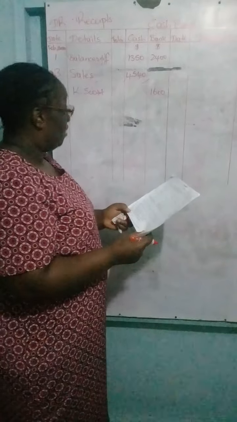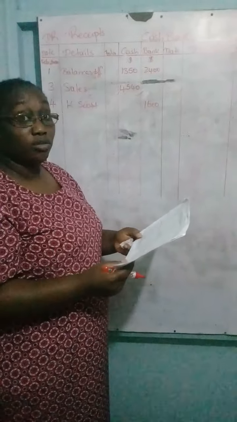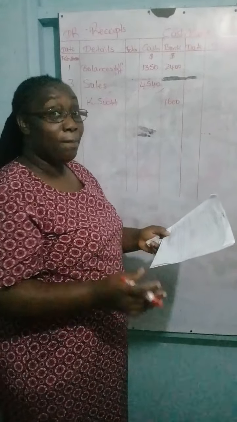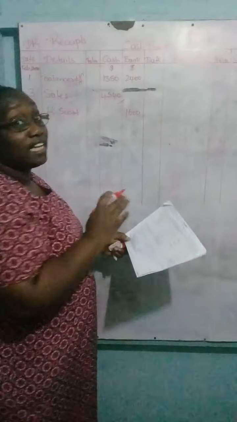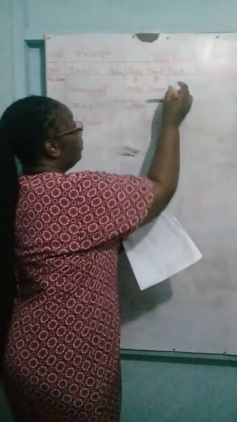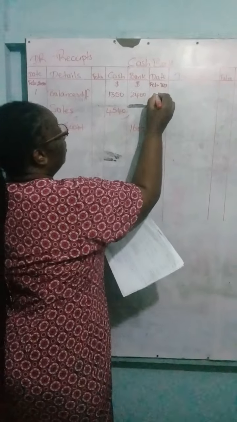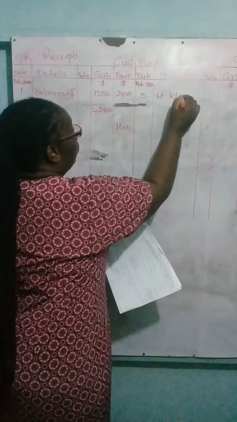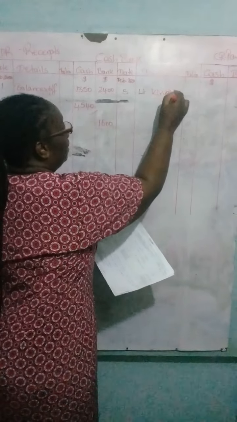Okay, now we have on the 5th of February, we have payment to LT Wright by cash, $3,000. So here is a payment. So the payments made are recorded on the credit side of the cash book. Okay, so we have a payment here, so it goes here on the 5th. So we have February here 2020. The 5th, the payment is made to LT Wright.